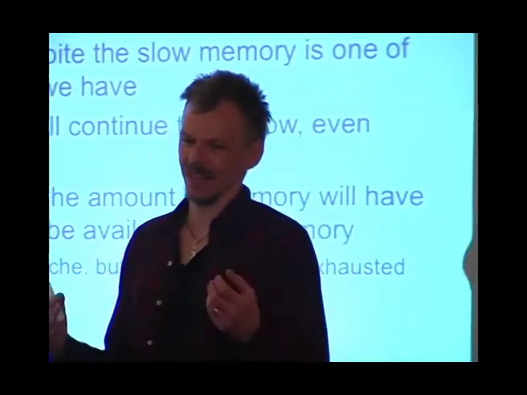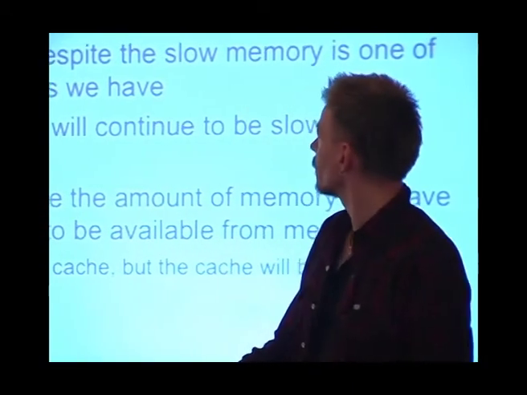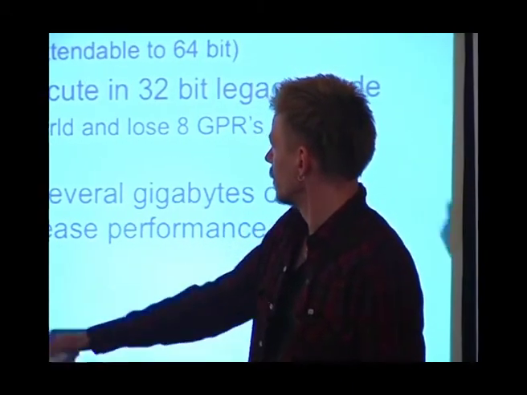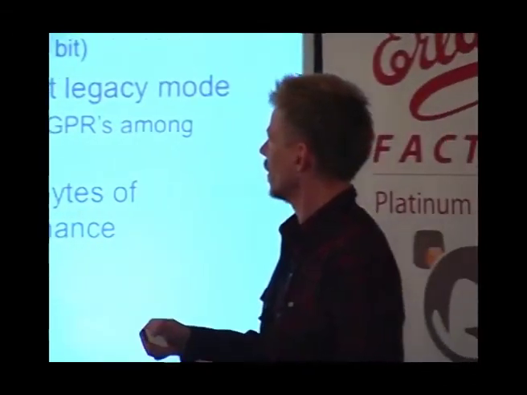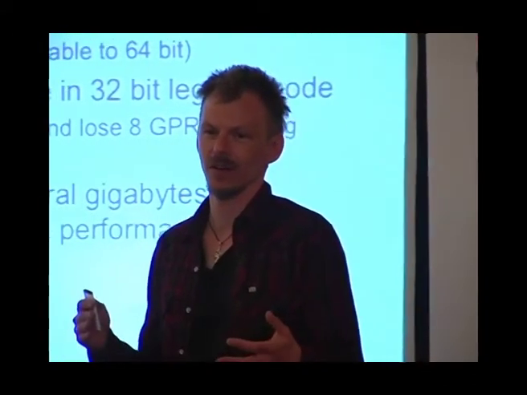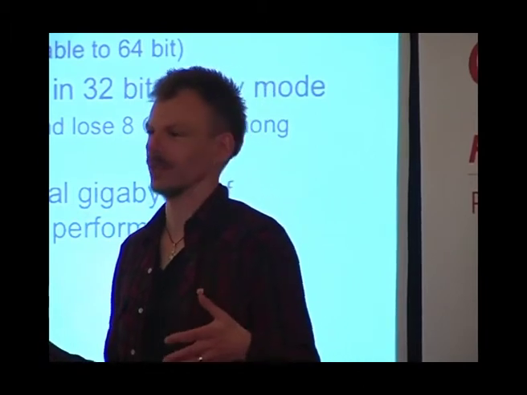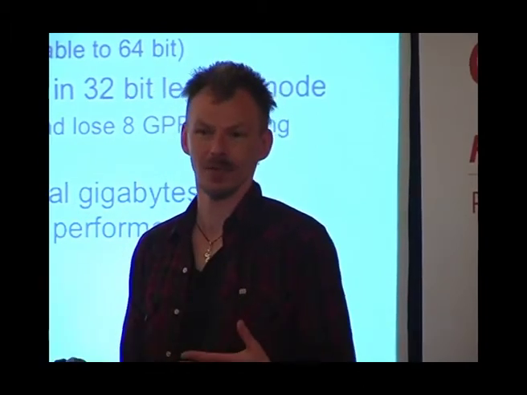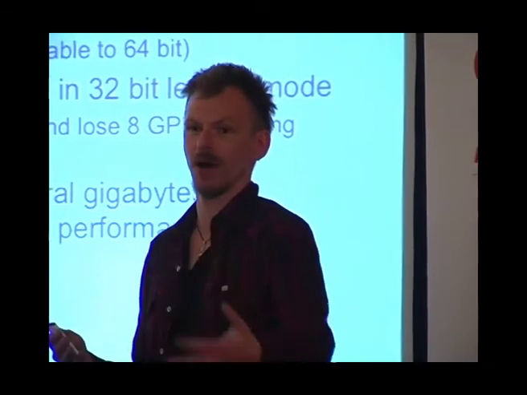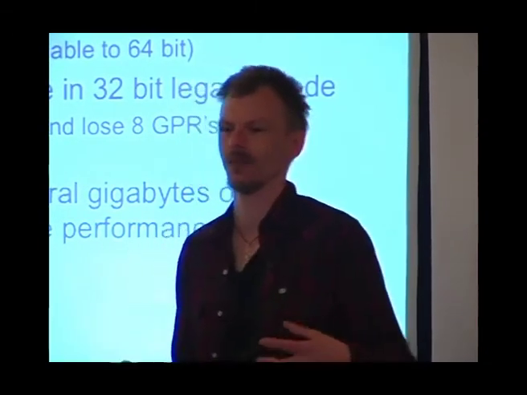So if you have this x86-64 CPU and run it in 32-bit mode, in an Erlang application you will get half the amount of memory accesses, half the amount of memory going over the memory bus.